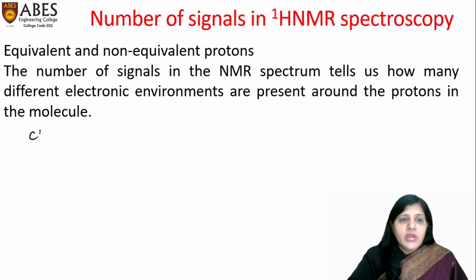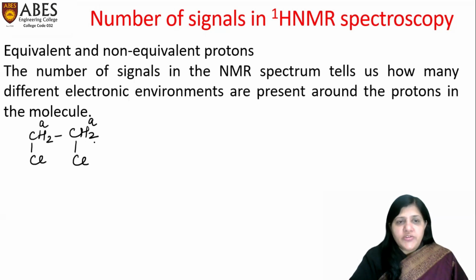For example, this molecule has one set of protons because the electronic environment around this CH2 group and the second CH2 group is similar. So all these four protons are identical in the proton NMR spectrum because the electronic environment is the same around these protons.